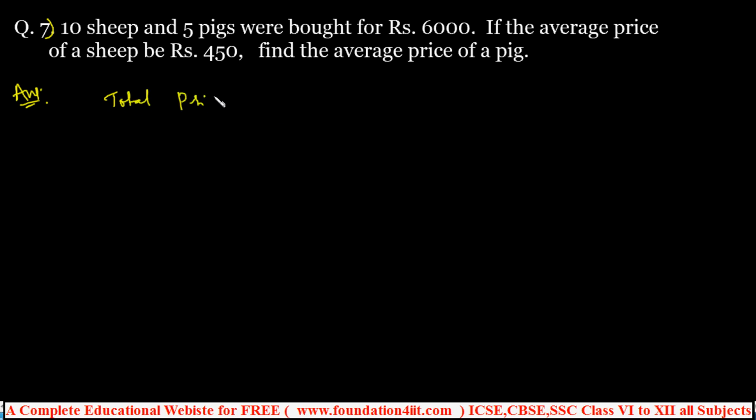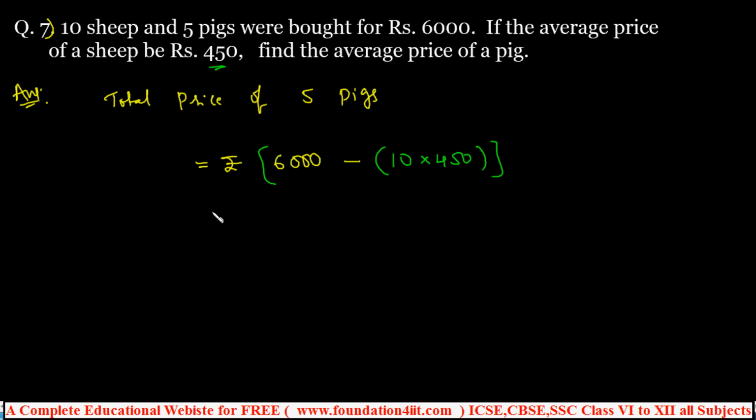To find the total price of the 5 pigs, the total is 6,000, and from that you have to subtract the cost of the sheep. The average of sheep is given as 450, and there are 10 sheep, so 10 into 450 is the total price for the sheep. 10 into 450 is 4,500.